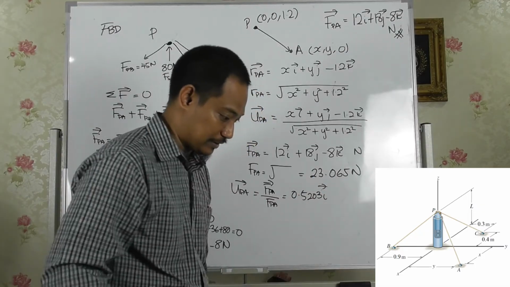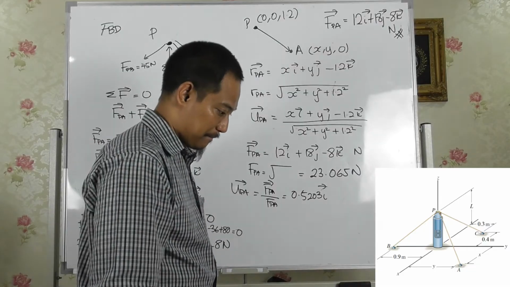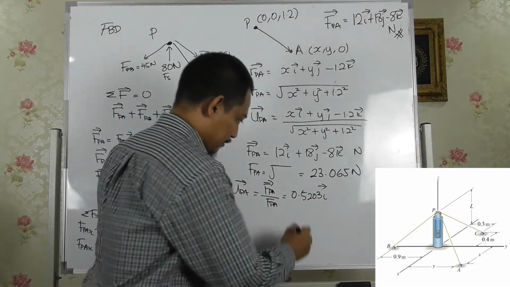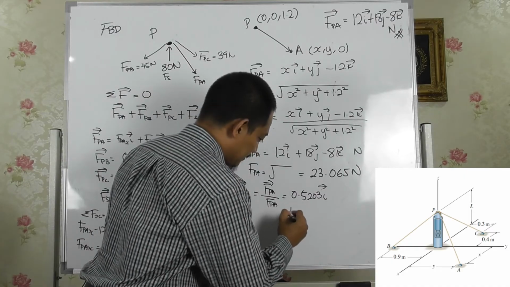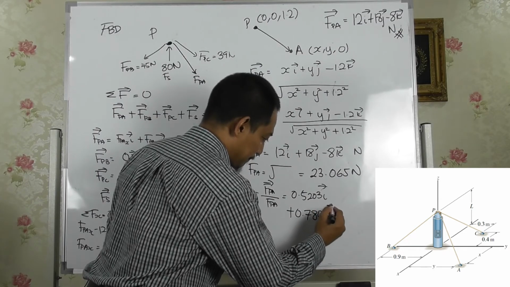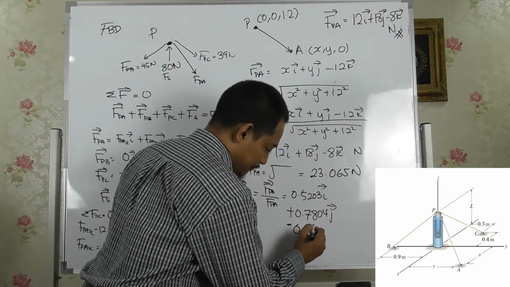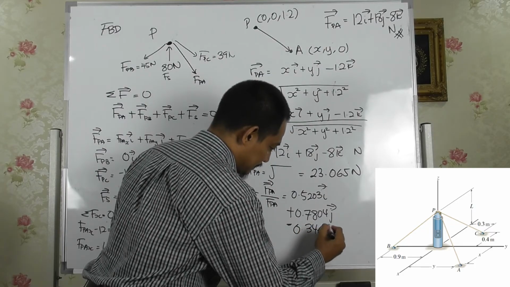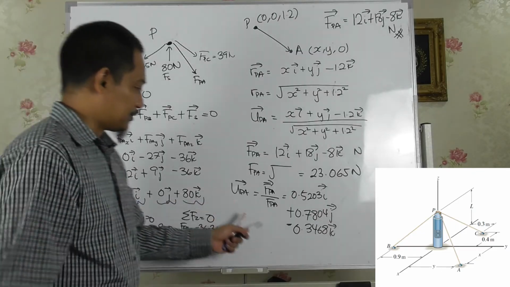Also, of course, verify the numbers. Can you see this one? Okay, I'll write down. There's some lighting there, right? Plus 0.7804j minus 0.3468k, right? So that is just the unit vector here.